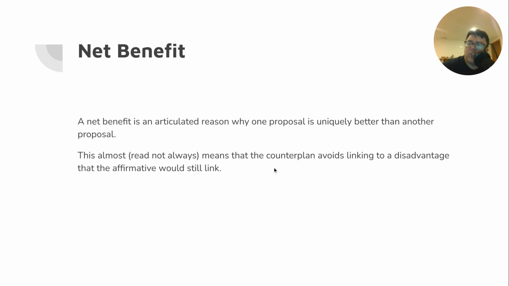So, I just used the word net benefit, so we should talk about it. A net benefit is an articulated reason why the negative believes that a proposal is uniquely better than another proposal. So, this almost, not always, means that the counterplan avoids linking to a disadvantage that the affirmative would still link to.